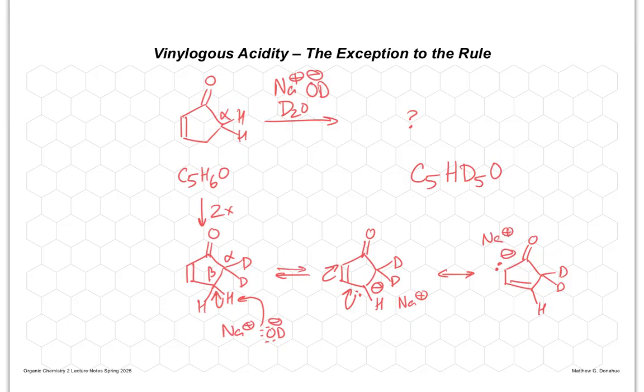And so that resembles one of the forms of an enolate. So if we just push the arrows again, that would draw the enolate form.